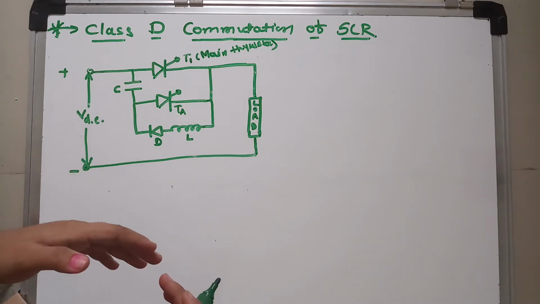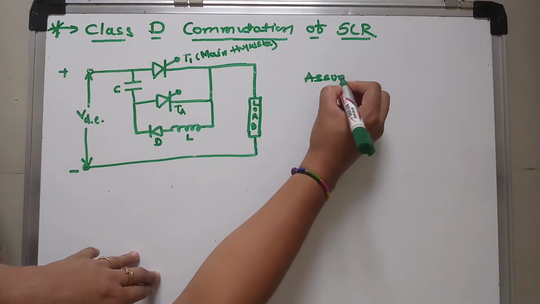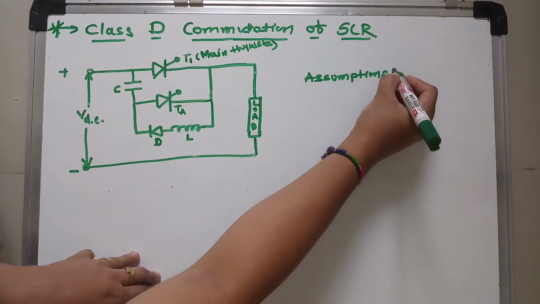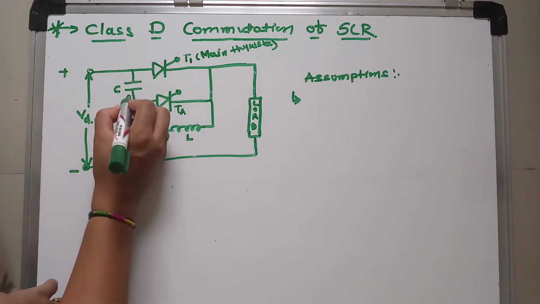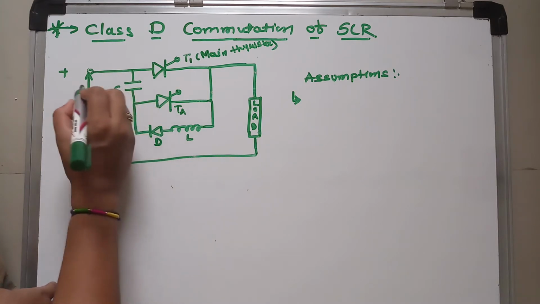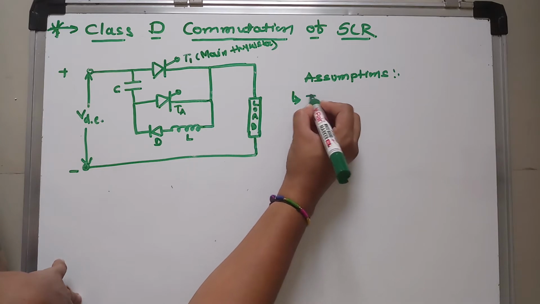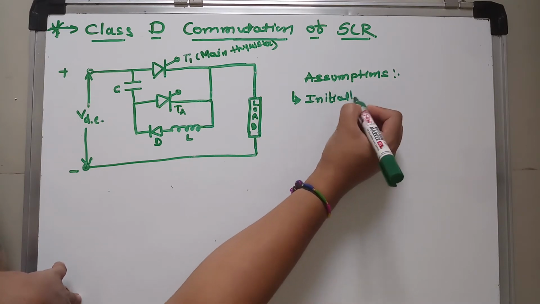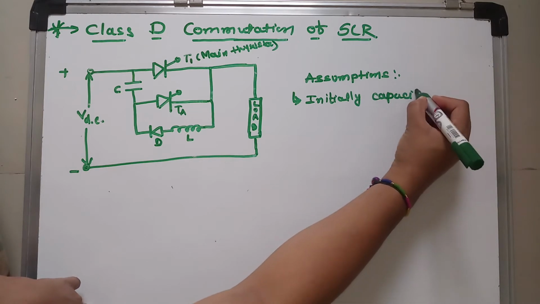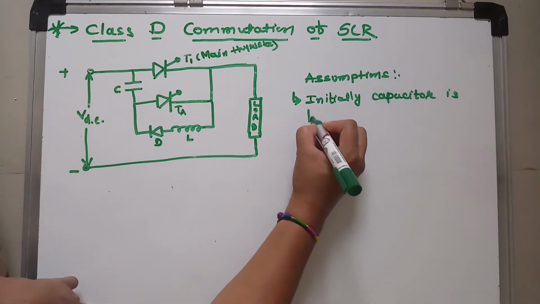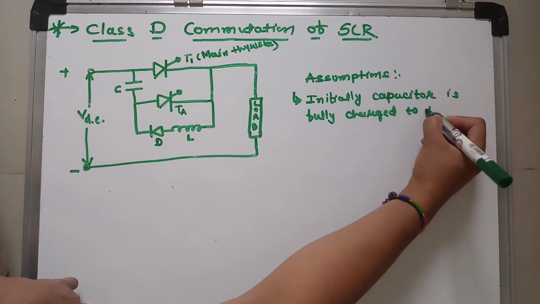Initially a few assumptions are made. First, the capacitor is initially charged with the upper plate positive with respect to the lower plate, meaning the capacitor is fully charged to plus VDC.